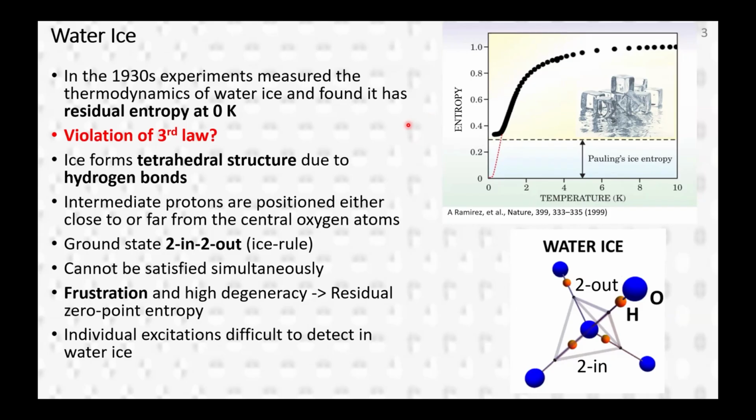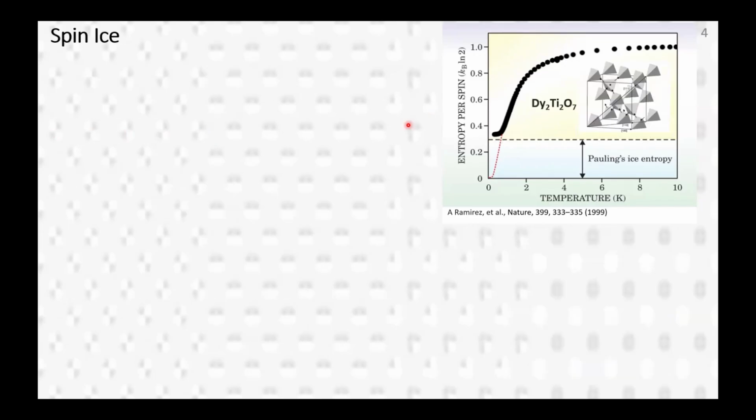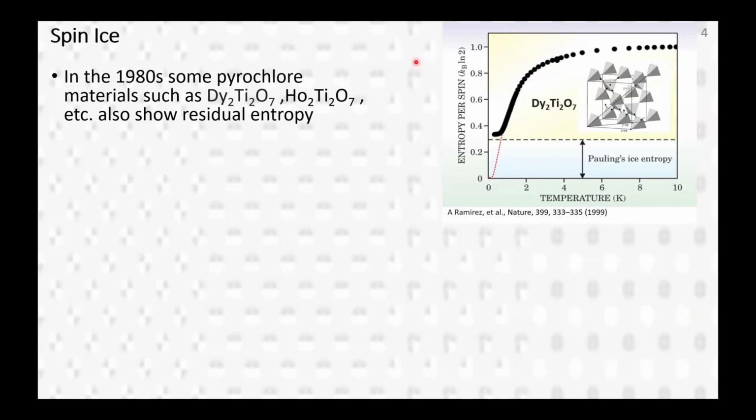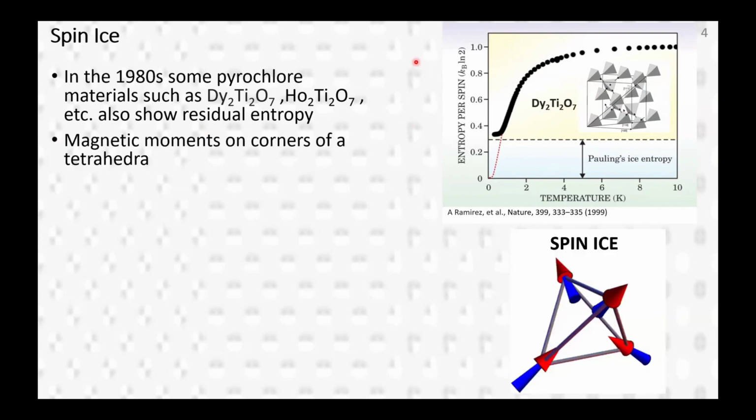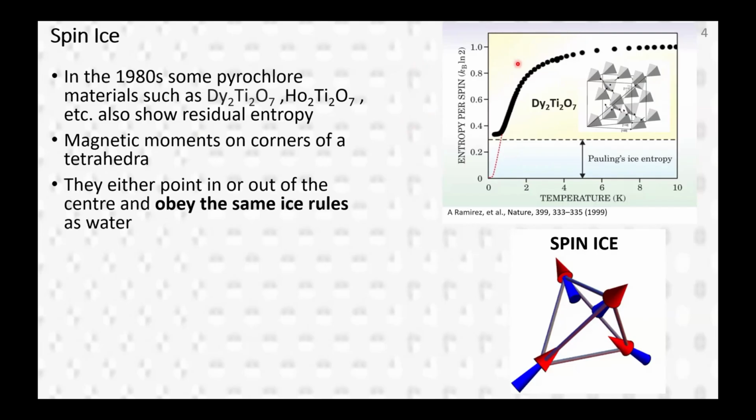So are there other systems we can look to? In the 1980s, they found that pyrochlore materials such as dysprosium titanate or holmium titanate also show this residual entropy behavior. In this case, there are magnetic moments, and they reside on the corners of a tetrahedra. They either point into the center or point out of the center.